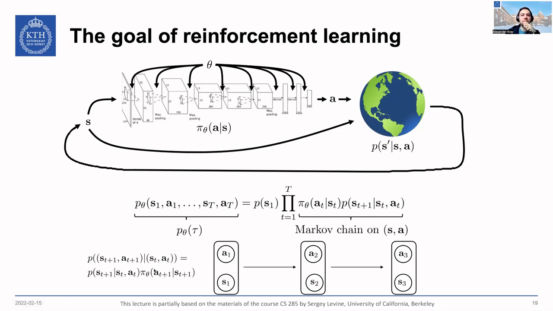So the transition from one state of this artificial Markov chain to the next step would be according to this equation. The probability of having s_{t+1}, a_{t+1}, given that we had s_t, a_t at the previous step, would be the equation here that we got. So basically it is the transition in the normal Markov decision process.